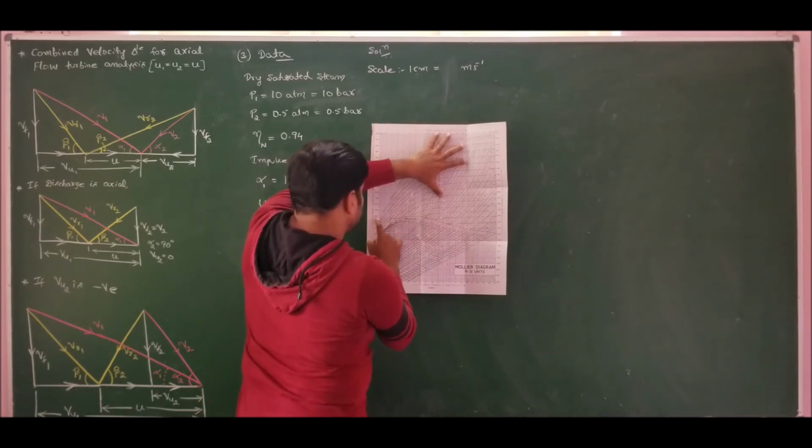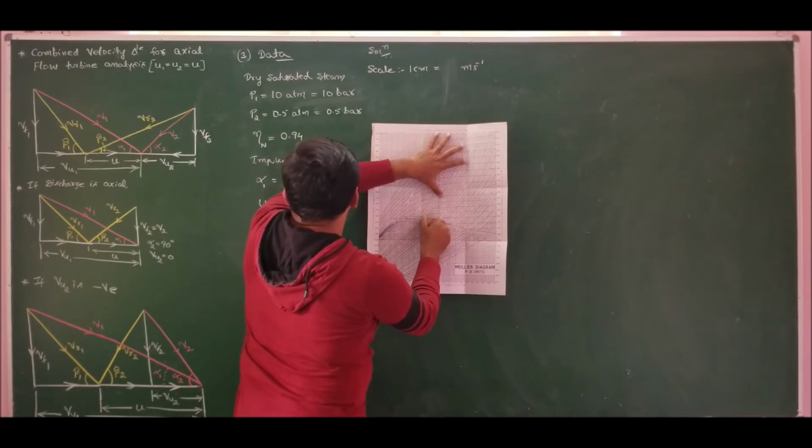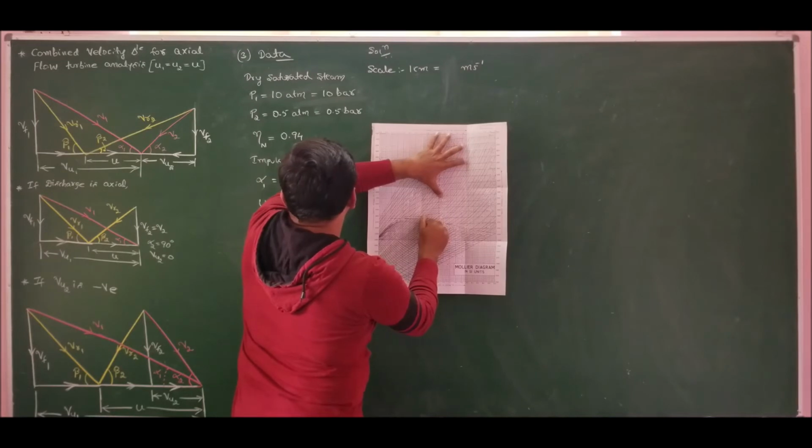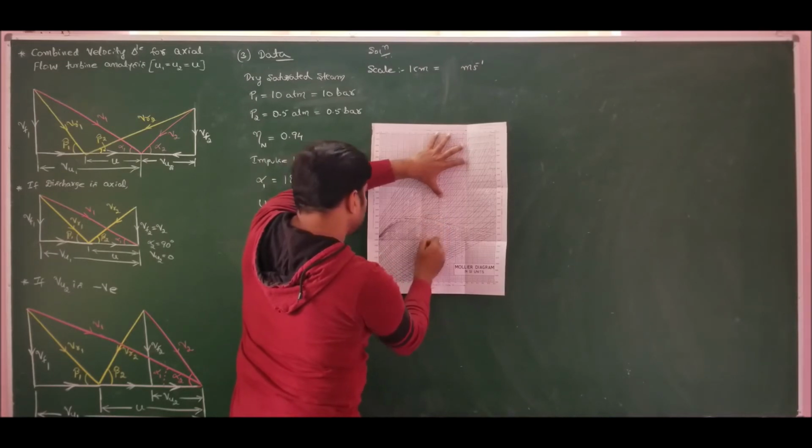Similarly, I should draw a vertical line for isentropic expansion for 0.5 bars.